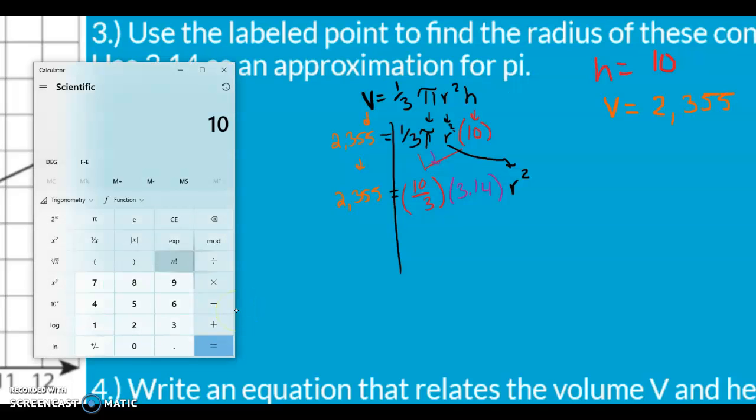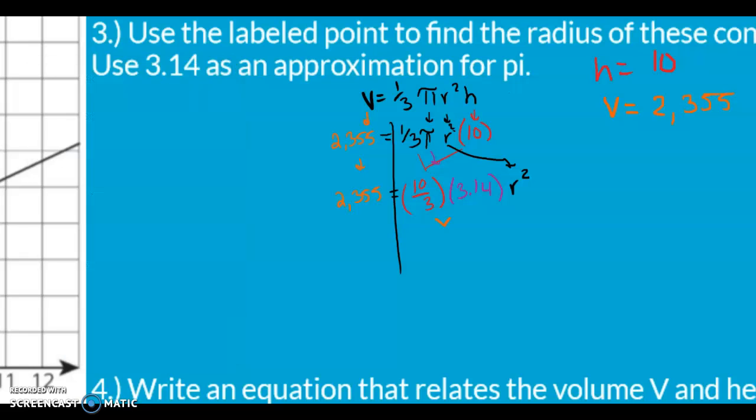Alright, so I'm going to take 10 divided by 3 and see how I got a really nasty 3.3333 number. I'm going to multiply that by 3.14. And now I get 10.46 repeating. So I'm going to actually write it as 10.46 with a line over the 6, because the 6's are repeating.